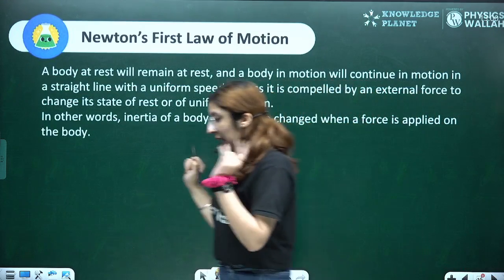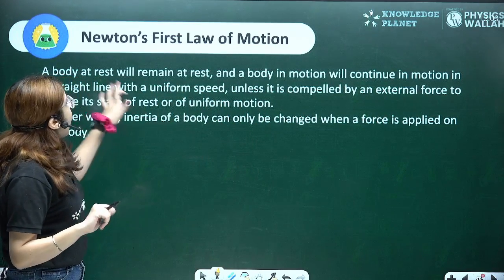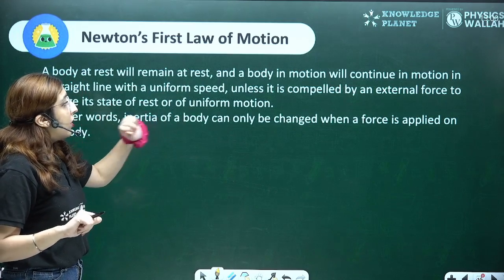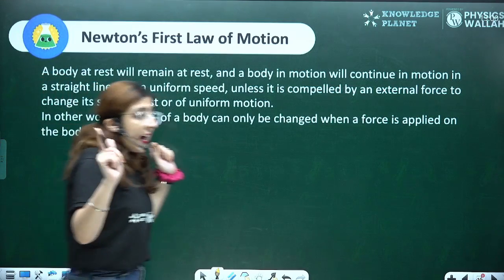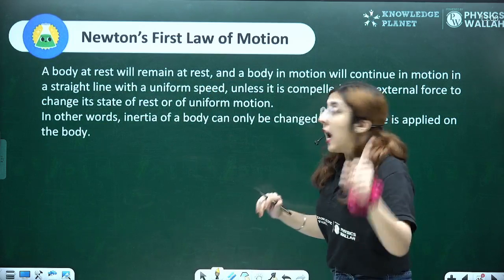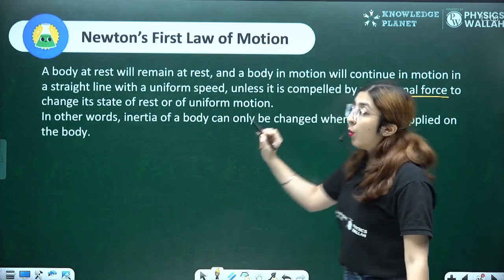So everyone, have a look. You will see similarity. A body at rest will remain at rest, and a body in motion will continue in motion in a straight line with uniform speed until and unless it is compelled by an external force.